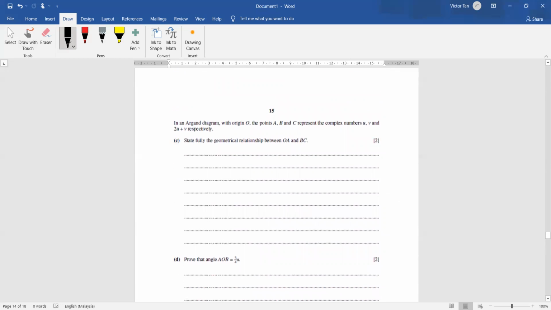In an Argand diagram with origin O, the points A, B, C represent the complex numbers U, V, and 2U plus V. State fully the geometrical relationship between OA and BC.